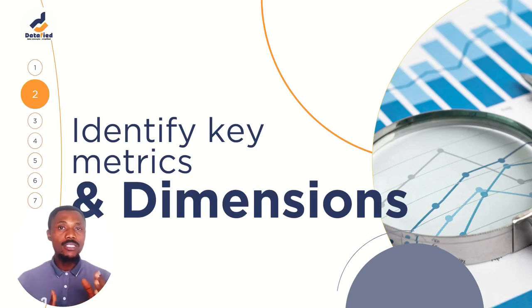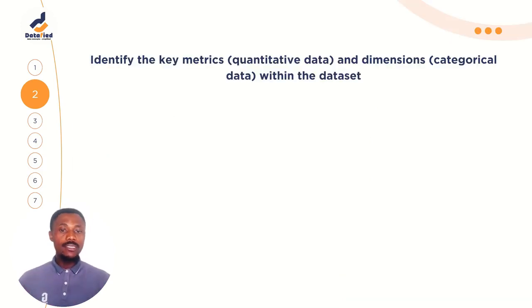You have to understand the key metrics from the quantitative or the fact table, as well as understanding the different dimensions in such a data set. Here, what does it entail? Identifying the key metrics, which we refer to as the quantitative data, and the dimensions, which are usually considered to be the categorical data within the data set.